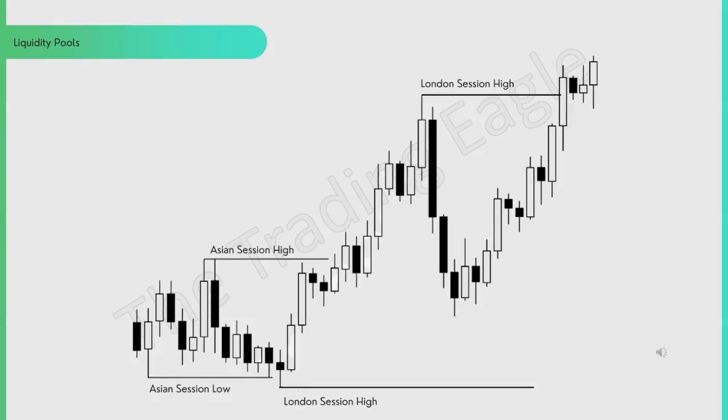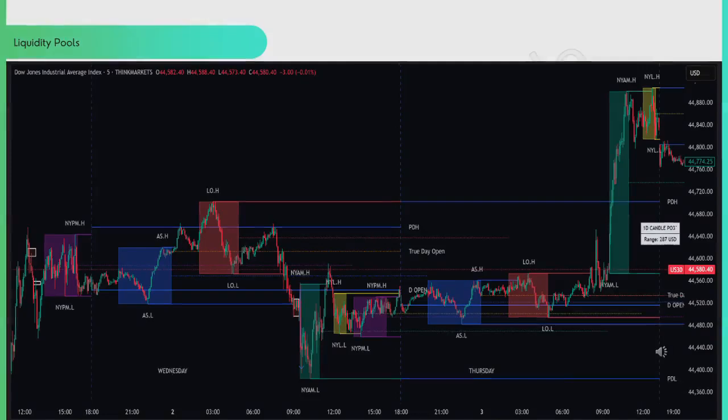Okay, here is an example of Dow Jones, which is known as the US30 index. If you look at my chart, you can see some labelings. NYPM is the New York evening session. H is the high and L is the low. The AS there is the Asian high and the Asian low, which is the blue color.